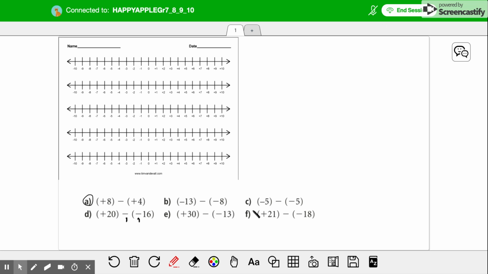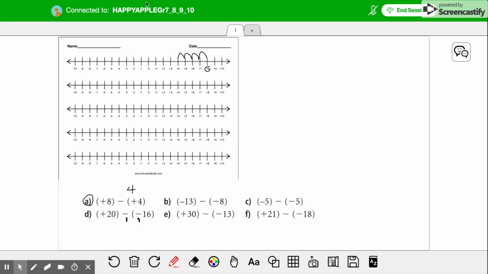So first we start at +8, and you should have started at 0, but go to +8, and then do 4 steps to the left. So the answer is 4.